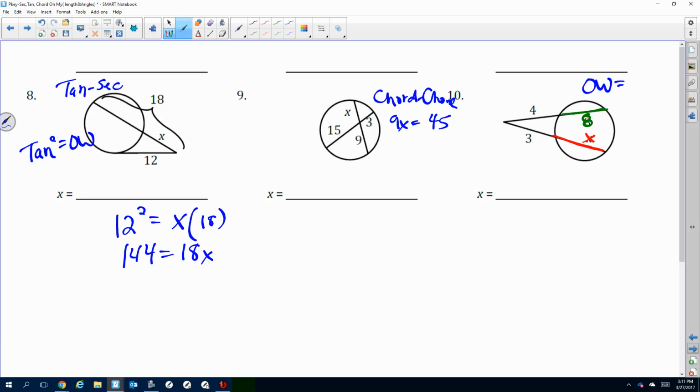So outside times the whole equals outside times the whole. What's the outside part of one secant? That 4 gets multiplied by the whole secant, which is 12. And then the outside part of the other secant is 3, times 3 plus x.